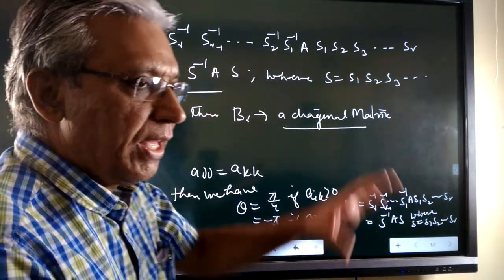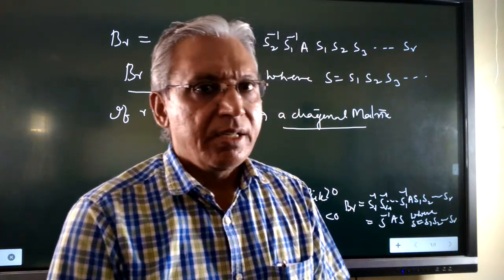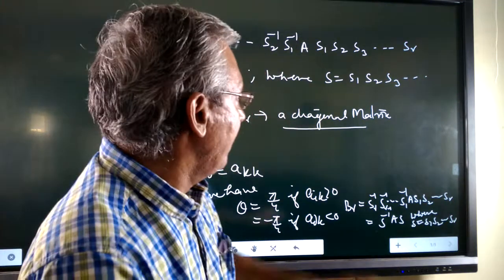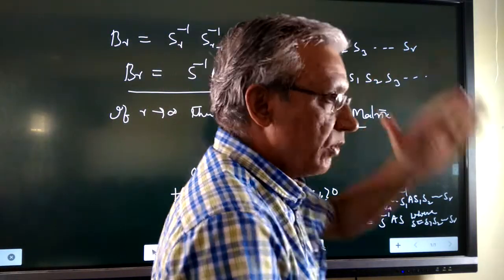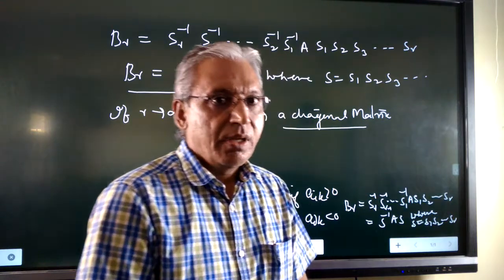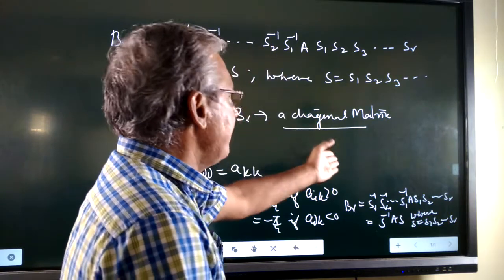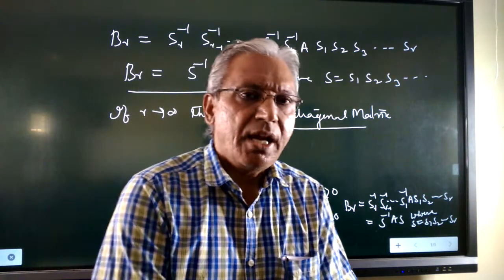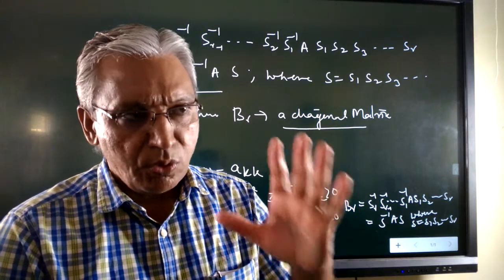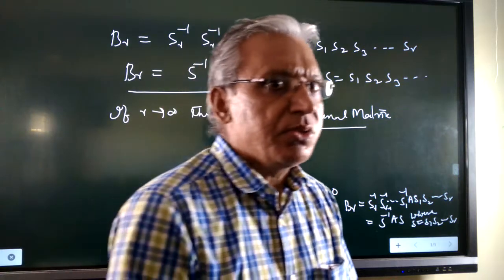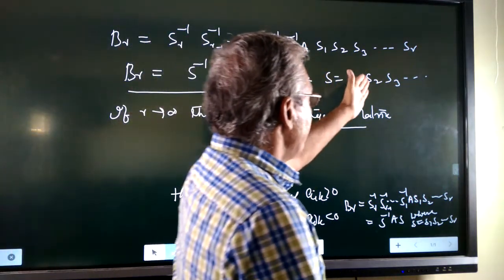The required eigenvalues are located on the diagonal elements of this matrix. Therefore, we can say the diagonal elements of this matrix are the required eigenvalues of the given square matrix, and the corresponding eigenvectors are the columns of S, where S is S1, S2, S3 and so on.